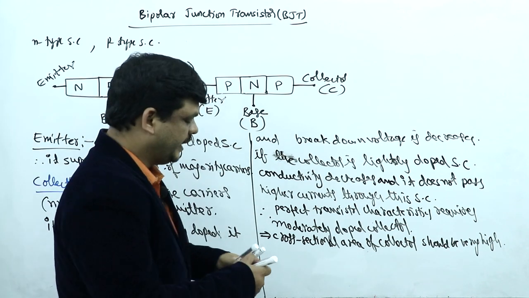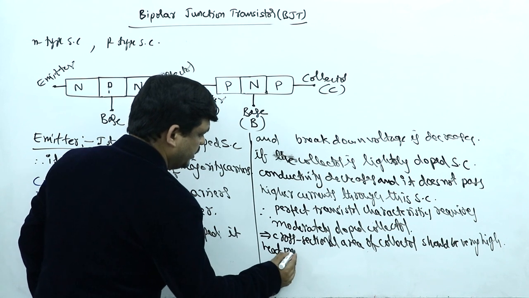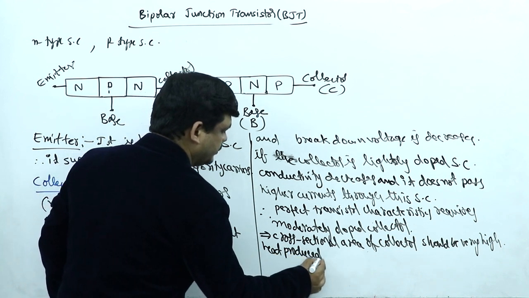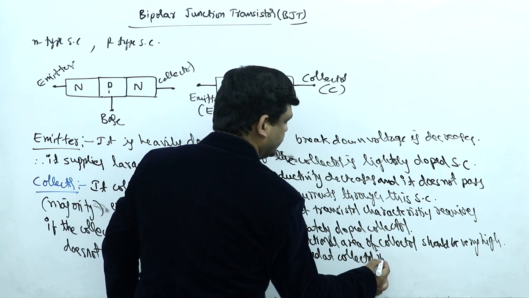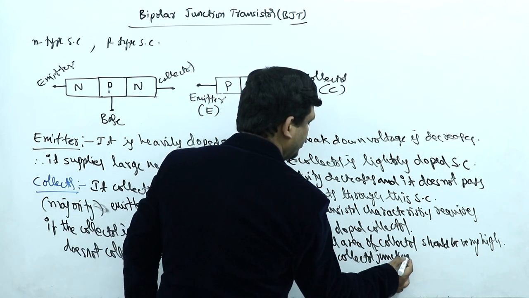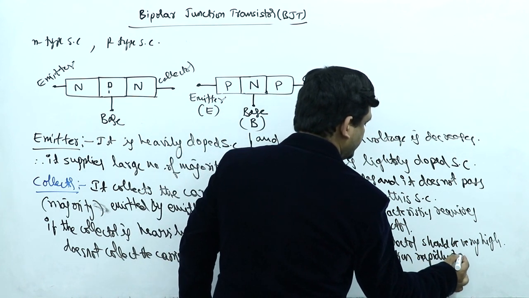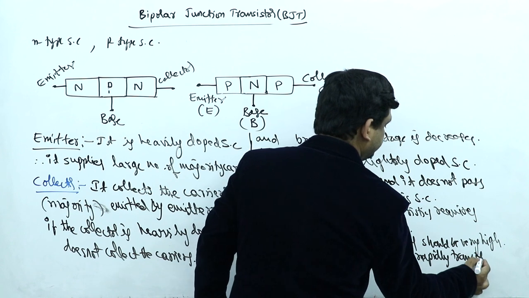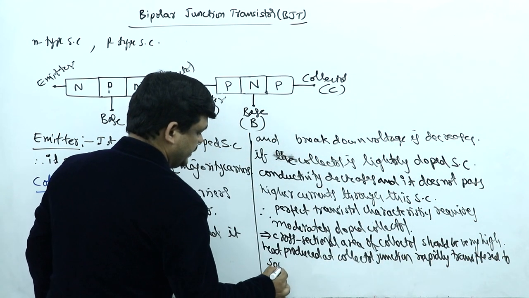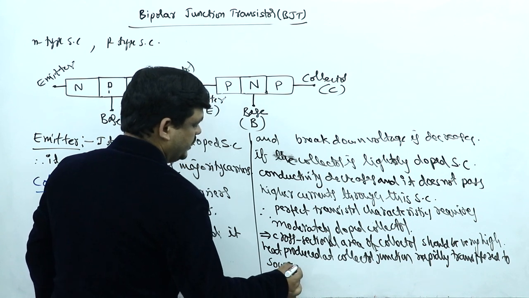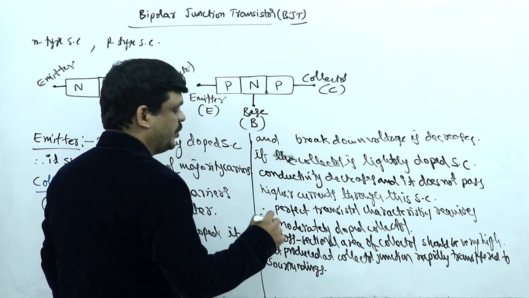So directly we can write here: heat produced at the collector junction is rapidly transferred to the surroundings, right? So this is another important point.